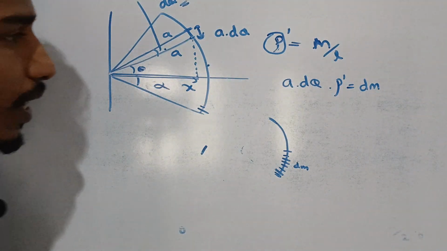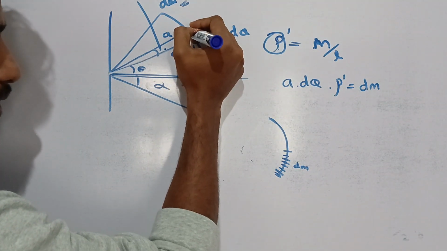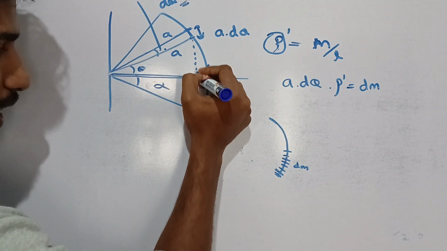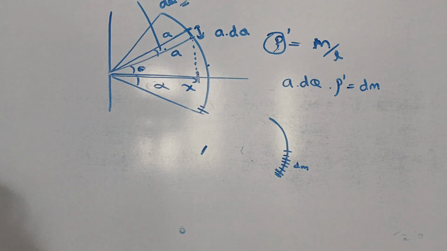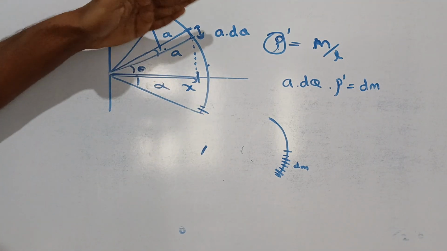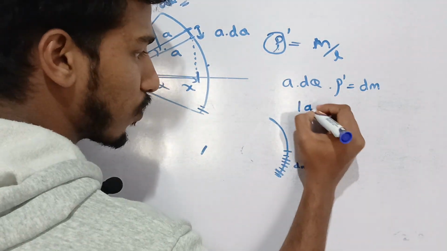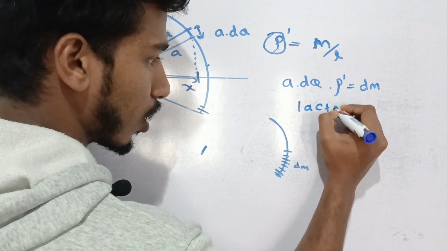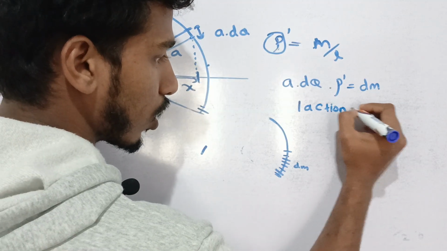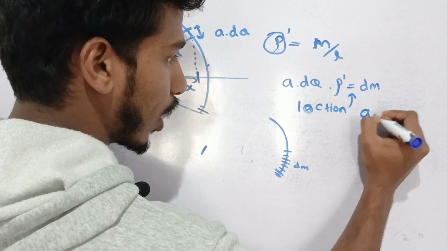So we should know at what position it is present. The entire length is A and the angle between them is theta, so the location of the center of gravity of this piece is at a distance of A cos theta.